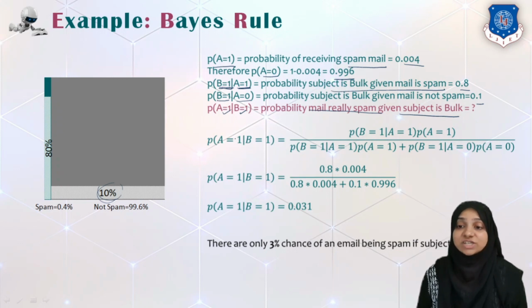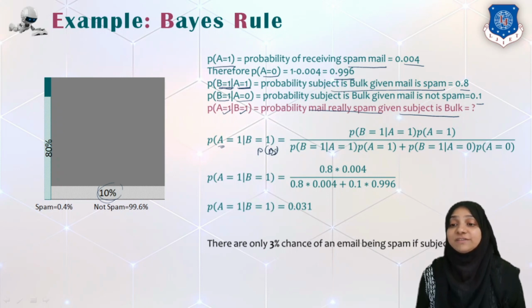That is, we are interchanging these values into P of A. Always, whatever is to the left of the bar is going to go on top. And at the bottom we will have the probability of B is equal to 1. Now this probability of B is nothing but the probability of being spam.